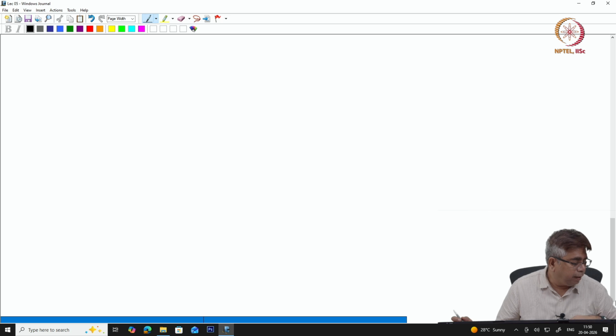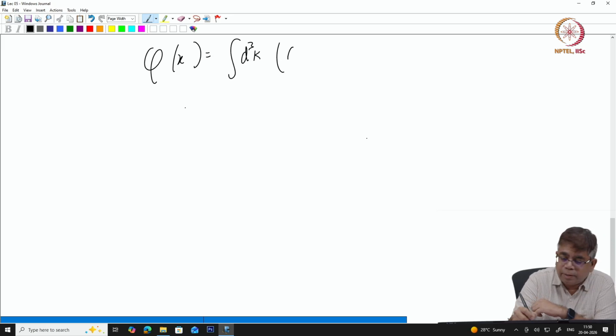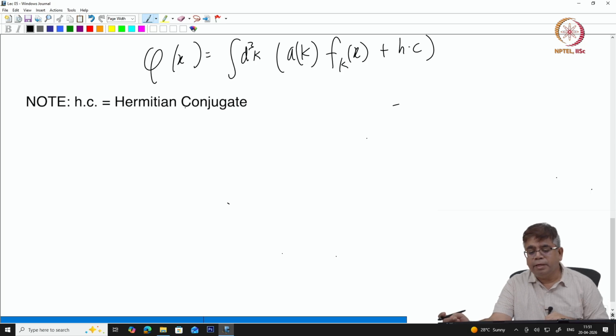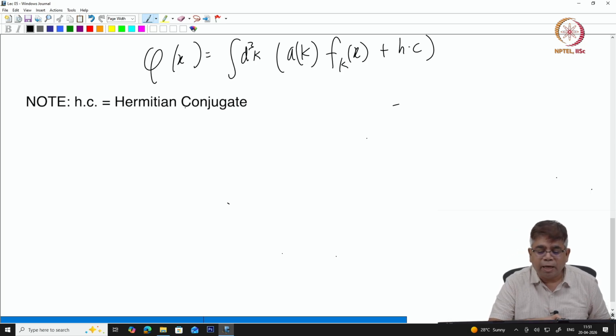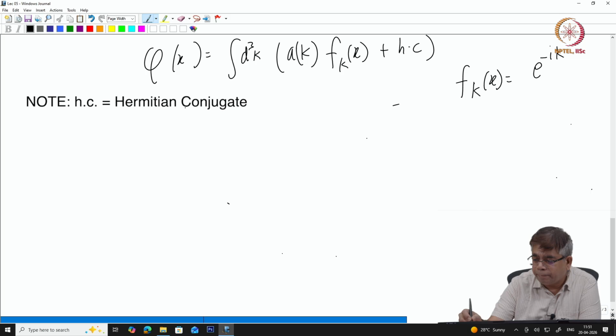You can actually start with this: pi of x is equal to the integral d cube k of a of k f_k of x, where f_k of x is nothing but your exponential function, the plane wave part, divided by the square root of 2 pi cubed times 2 omega k.